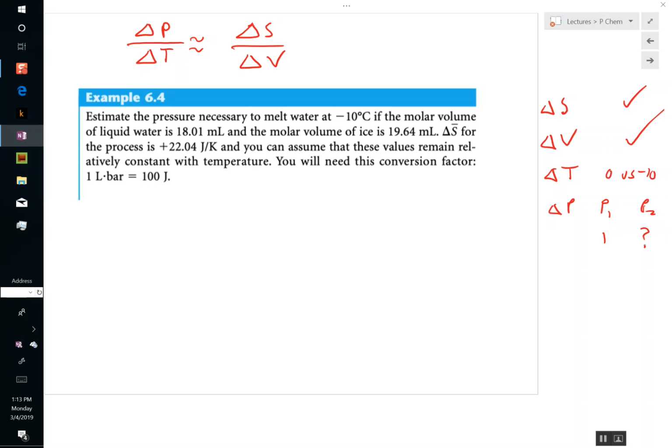So how many times bigger than the normal pressure of ice under normal temperature? So delta P is going to equal delta S divided by delta V times delta T.